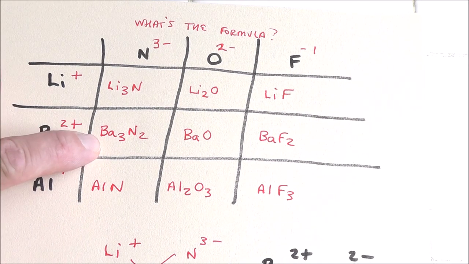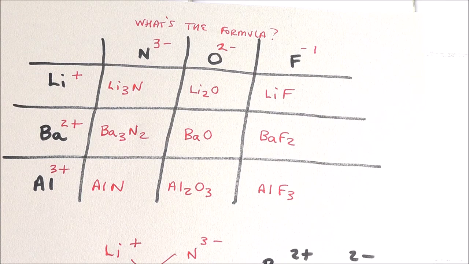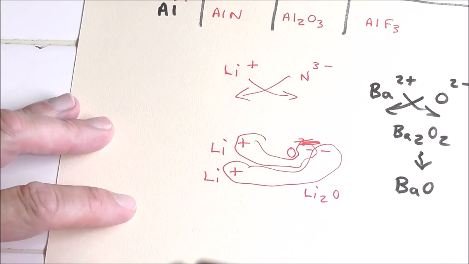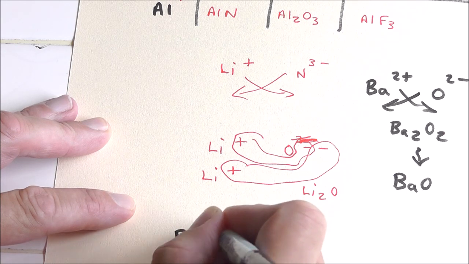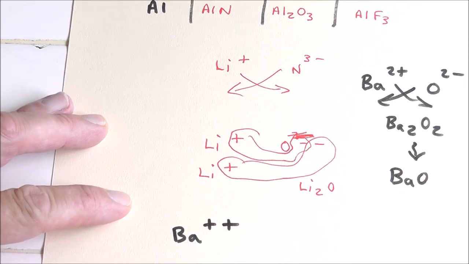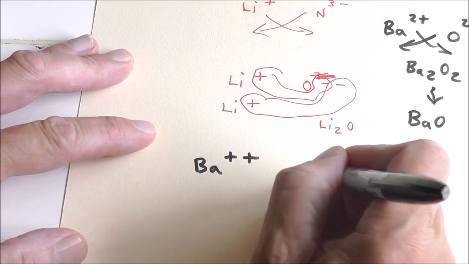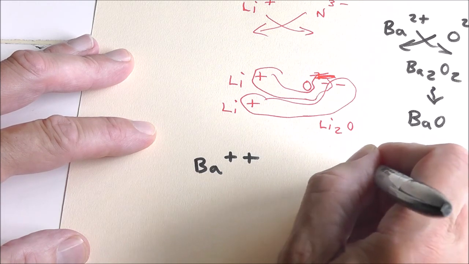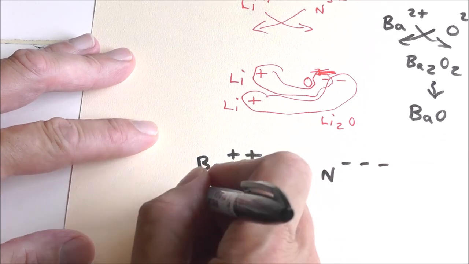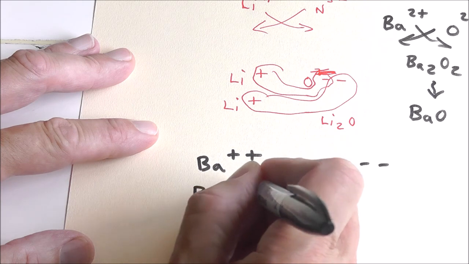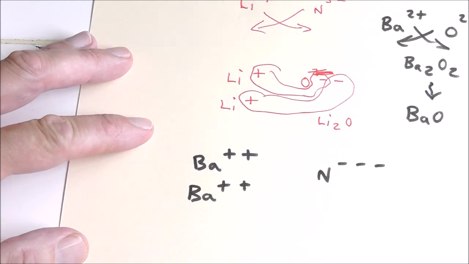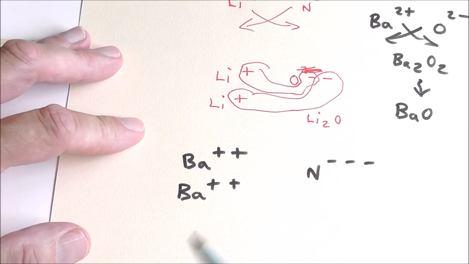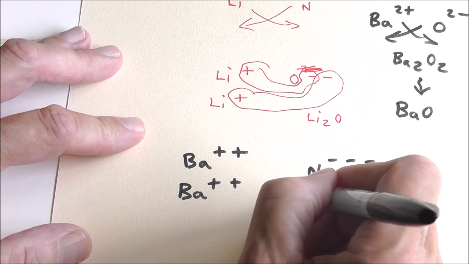And boy, I hate these 3 to 2s. They kind of get me. But hey, if you have to flesh it out, really simple: Ba++, right? And then N minus minus minus. And then you go through some trial and error here. Nope, that's 4 to 3. That's going to need more of these.